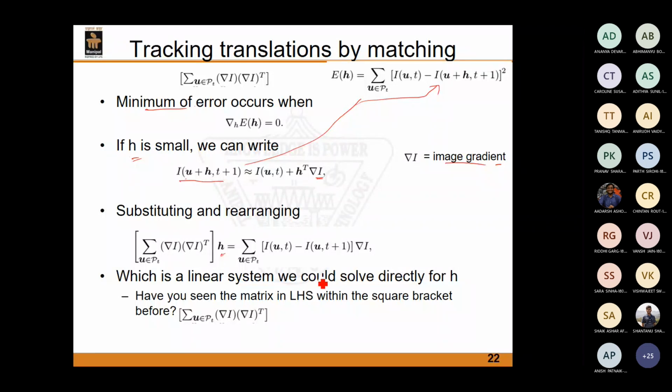Now, coming to the left hand side over here, this particular equation, delta I into delta I transpose, can be written this way.